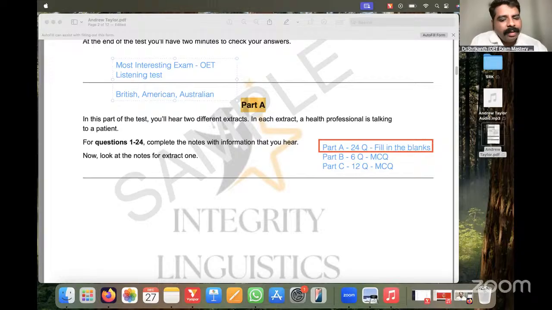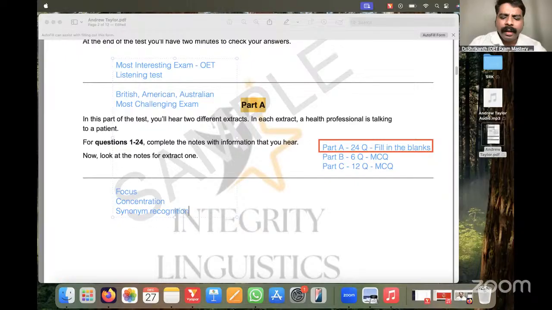But at the same time, it is also one of the most challenging exams, because it requires a lot of focus. A lot of focusing skills, concentration skills, and synonym recognition skills are important.